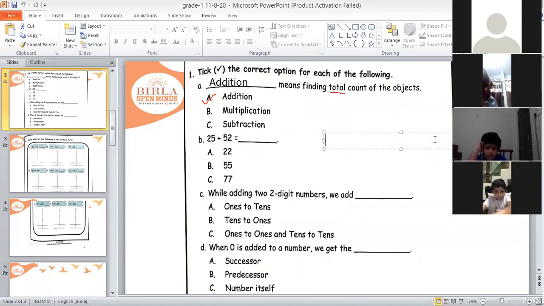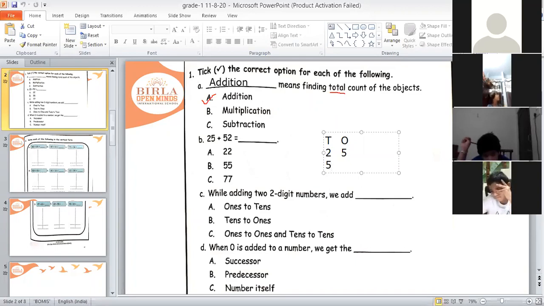See here children, start writing these two numbers here and we will do addition. First we will arrange these two numbers in ones and tens form. Your first number is 25. So below this T we will write 2 and that 5 will come in ones place. Then you will write your next number, 52.